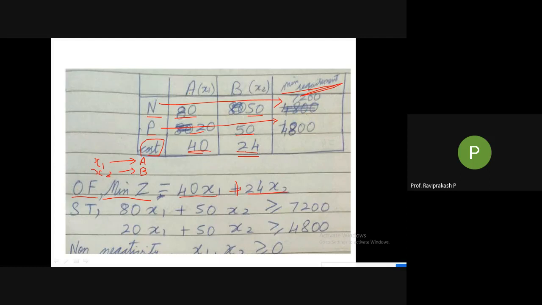This is the objective function. For the objective function, it is cost, so I need to include cost in it. This you should remember. So the cost of A into X1 plus the cost of B into X2.